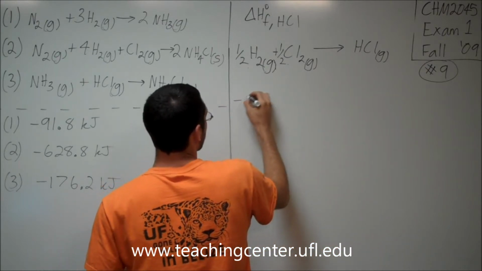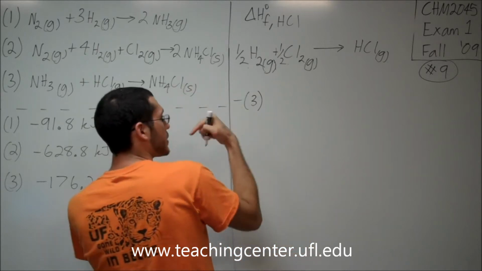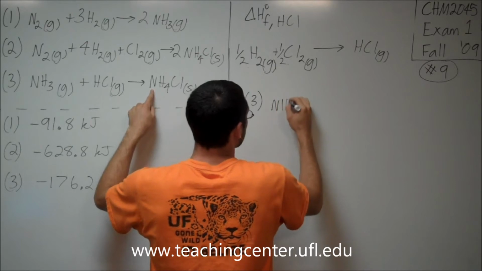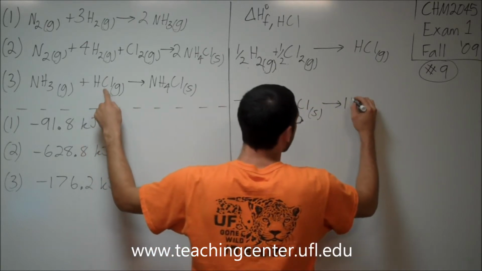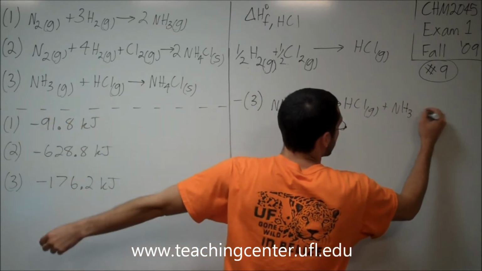So I'm going to write myself a note: flip equation 3. This negative means, to me, flip. So I end up with ammonium chloride yields HCl gas plus ammonia gas.